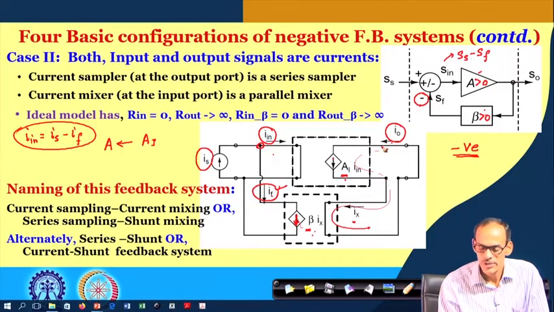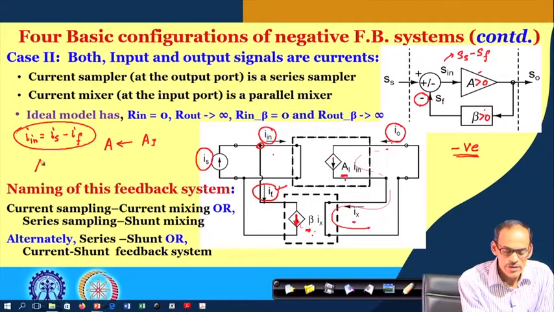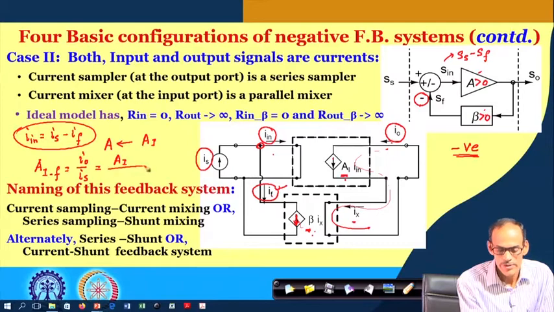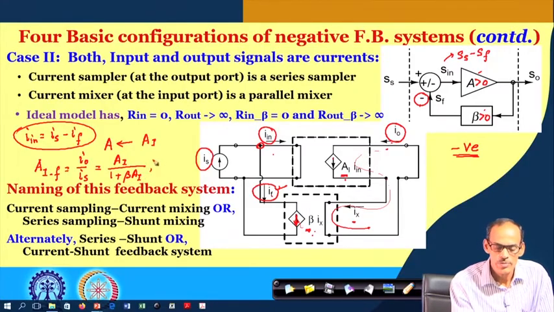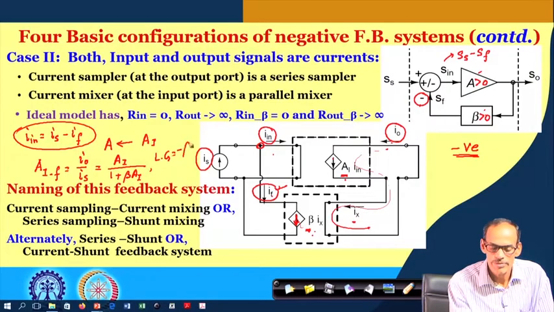So, it is unitless, beta is also unitless, and hence we can say that the overall system gain A I f, which is defined as I o divided by I s, is equal to A I divided by 1 plus beta into A I. And of course, the loop gain, as you can see here, is minus beta into A I.